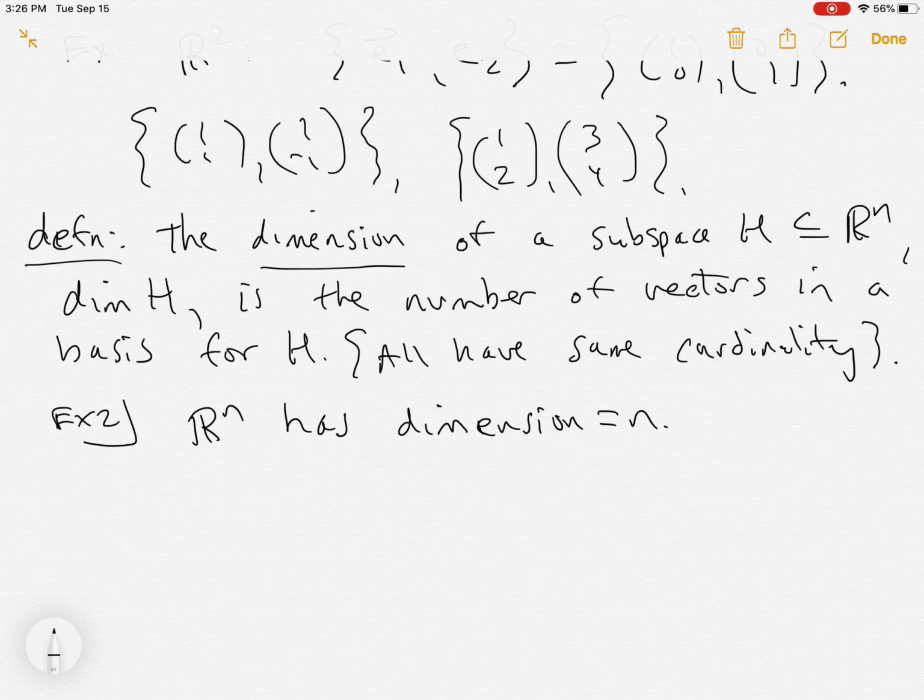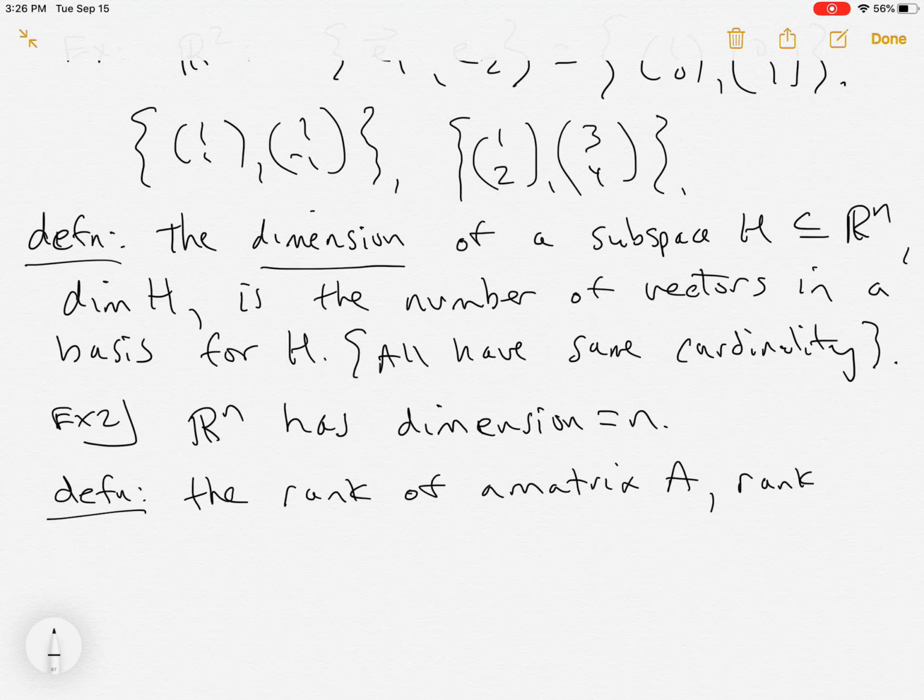Okay, so here's another definition. The rank of a matrix A, which is denoted rank A, is the dimension of the column space of A. So you find a basis for the column space of A, you add up the number of vectors in that basis, and that's the rank.